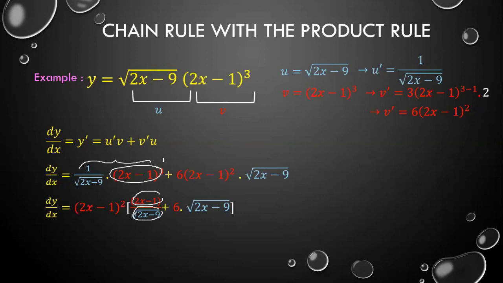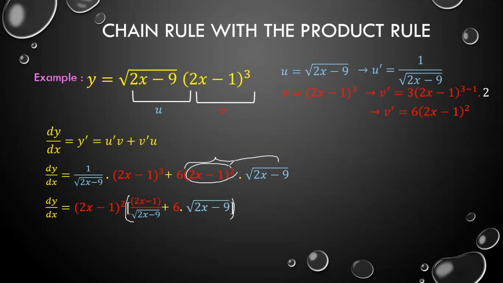So it will be an equal function. Next, for the right side, because I put 2x minus 1 squared outside of the parentheses here, 6 and root of 2x minus 9 is inside in the parentheses, right? Is it clear to you how to distribute this function? Okay, very good. Thank you very much.